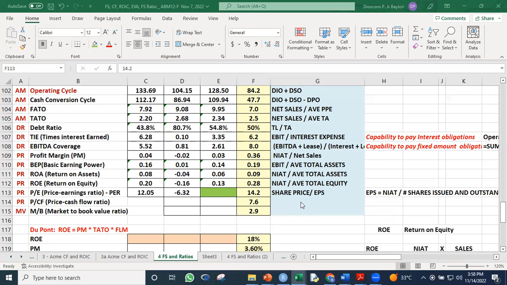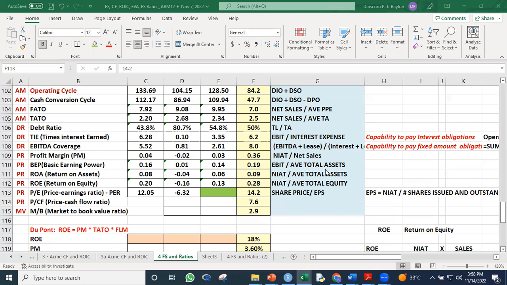Oftentimes we can use the yearly na EPS, na earnings per share. Okay, so we can see here that Globe is the most expensive, followed by PLDT, and then last is Smart. So this tells us of how expensive the share is. Okay, clear yon? Plus yung PER ratio na yan. Okay, I hope that was clearly explained.